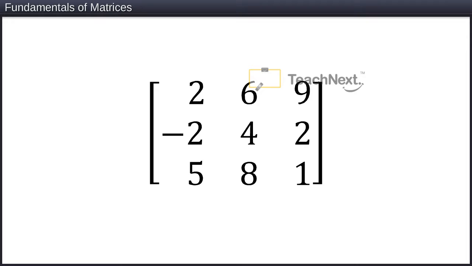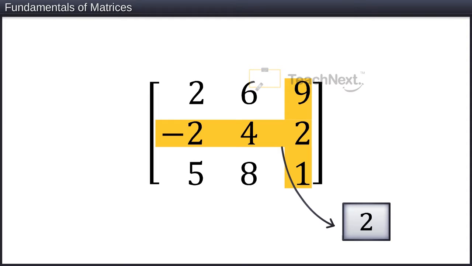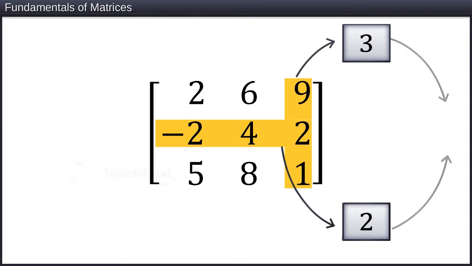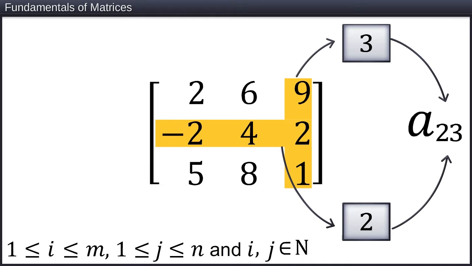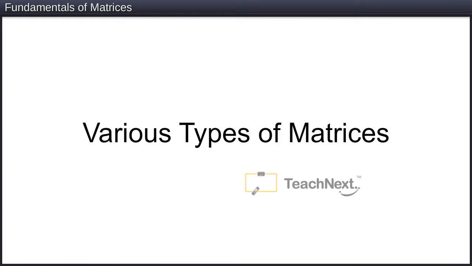For example, the element a23 represents the element in the second row and third column of the matrix. The value of i varies from 1 to m. The value of j varies from 1 to n, where both i and j belong to the set of natural numbers. There are various types of matrices depending upon the elements present in the matrix.